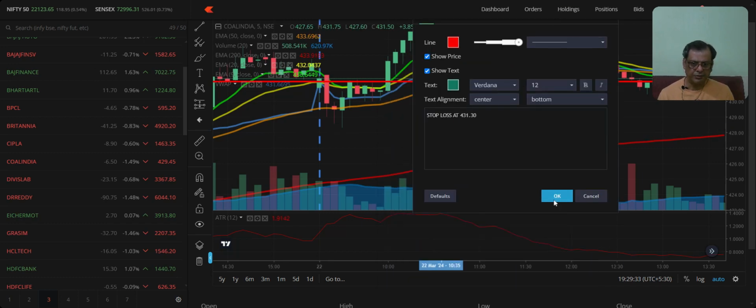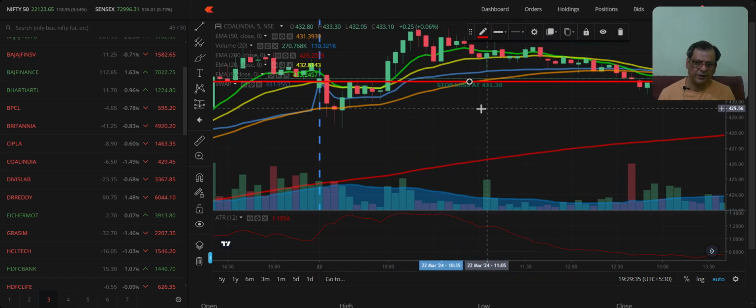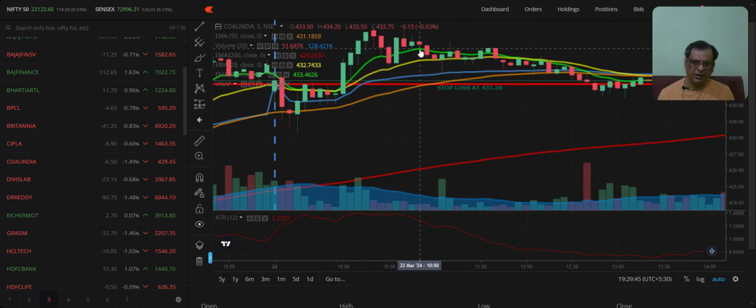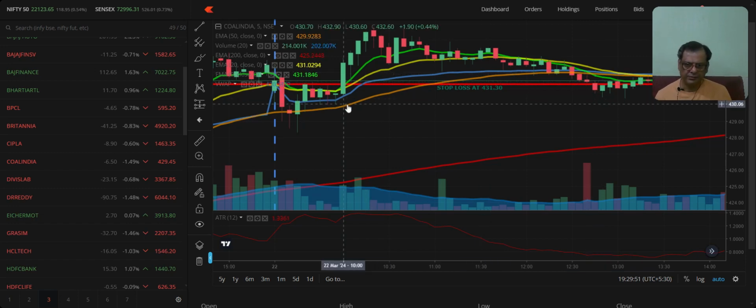And I'll bring this up. Okay. So stop loss at 431.30. So you entered here and your stop loss here, and you would have been in the trade for this period of time had you not moved the stop loss till it got hit here. And you will not do that because this is intraday trading.